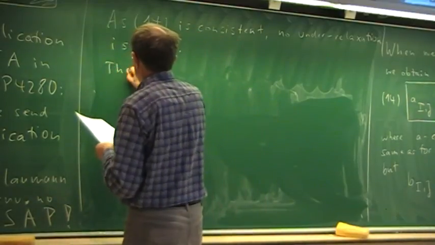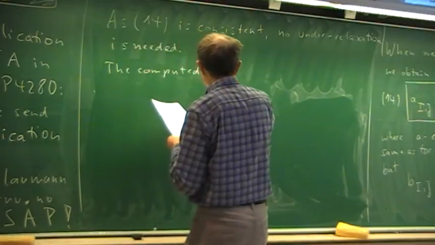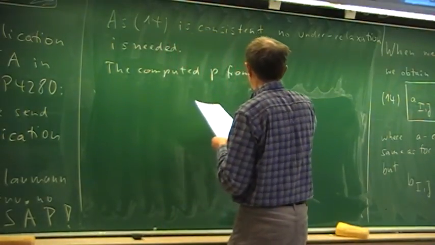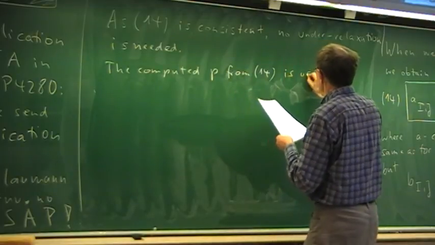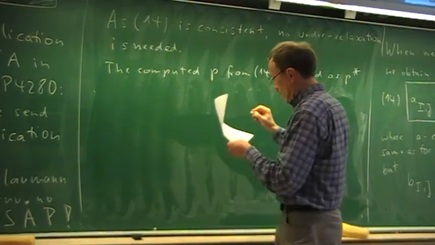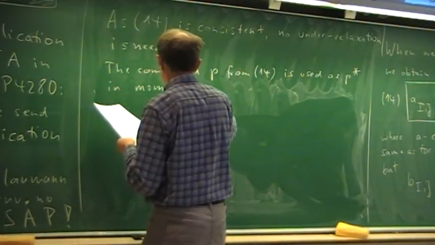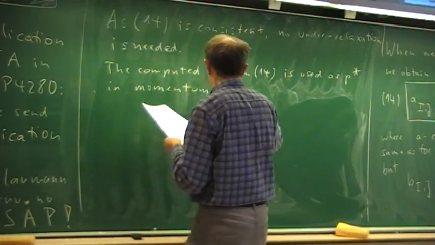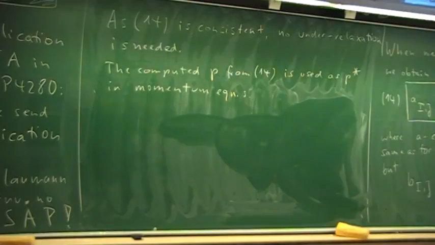So the computed P from equation 14 is used as the P star in the momentum equations. That we do in the beginning, and then we continue.